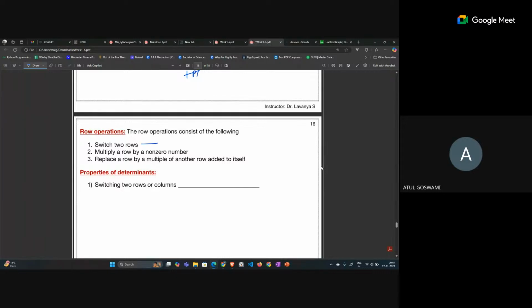We can switch two rows or two columns. We can multiply a row by any non-zero number. And we can replace a row by a multiple of another row added to itself. These are the three operations.